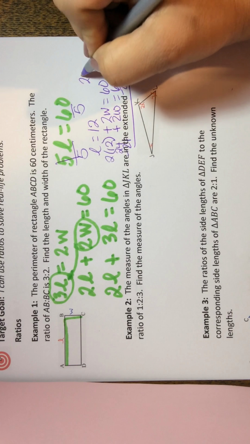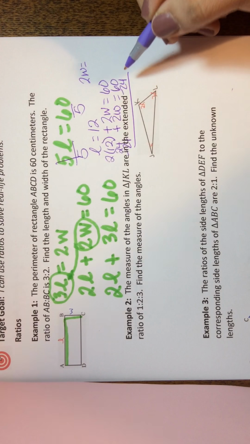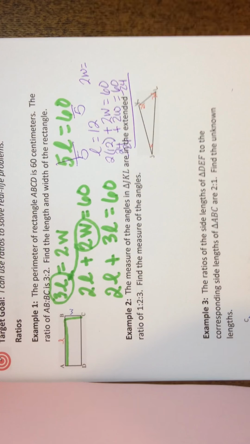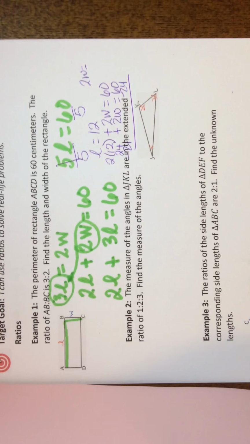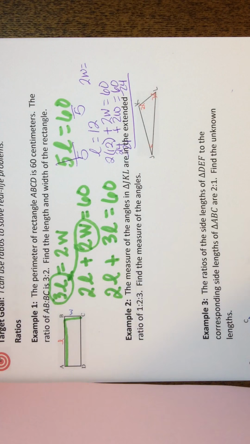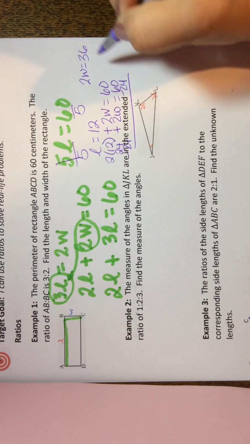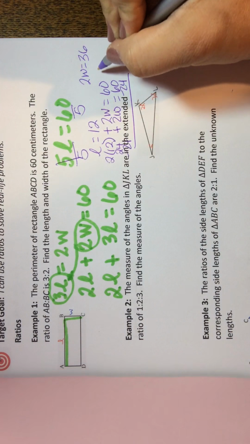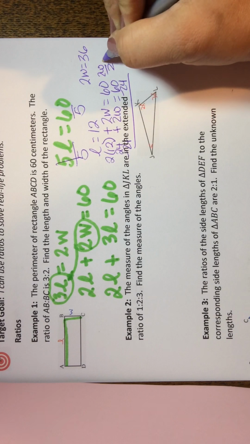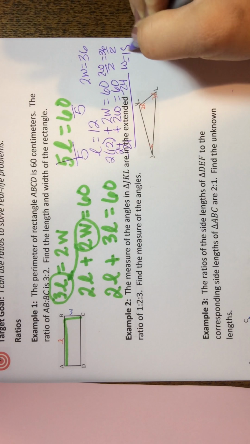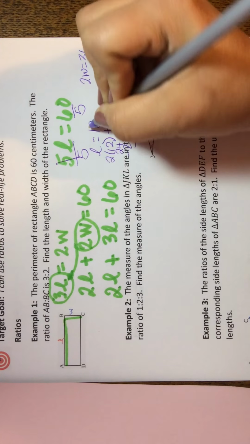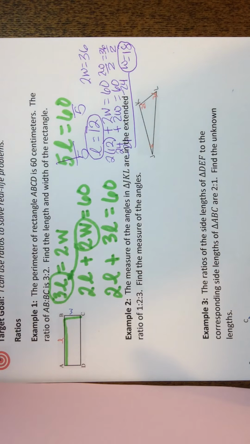So we're going to have 2W equals 60 take away 24. Sorry, I'm having a little brain fart here. Okay, 36, sorry. And then you divide both sides by 2. So 2W divided by 2, 36 divided by 2. So the width is 18 and the length is 12. Those are your 2 answers here.